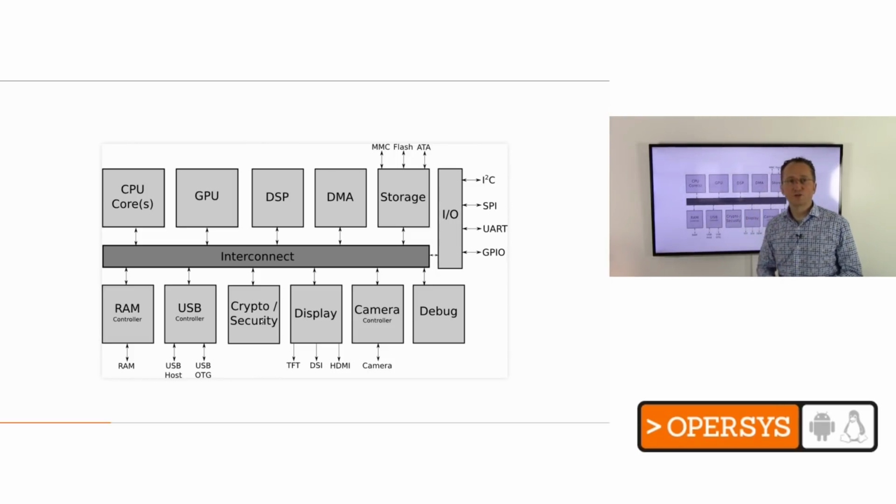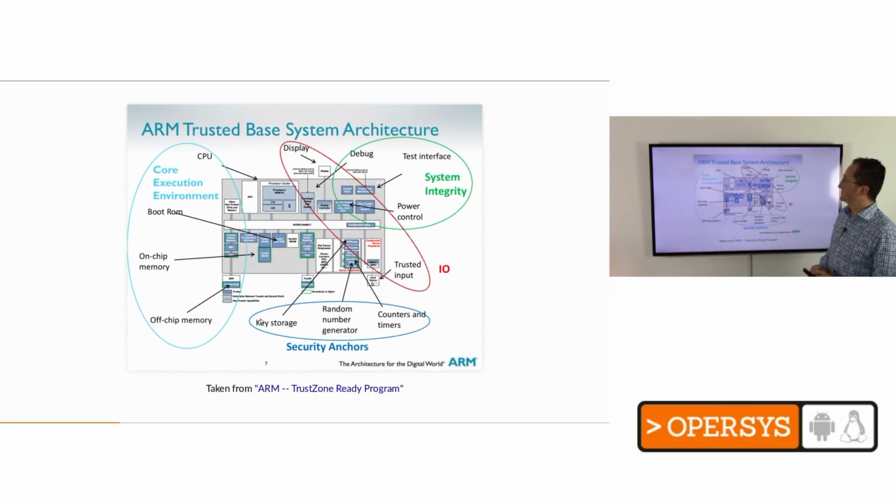Whenever you talk to any specific vendor, they will have their own diagram to show you in their documentation. In the case of most SoCs that are used in Android devices, it's going to look like that. So you've got a bunch of CPU cores, a GPU, and then a whole bunch of peripherals, all connected through some form of interconnect, which we'll take a look at in a few slides.